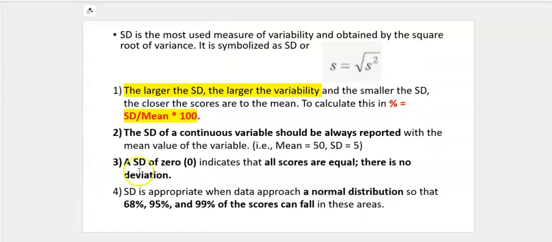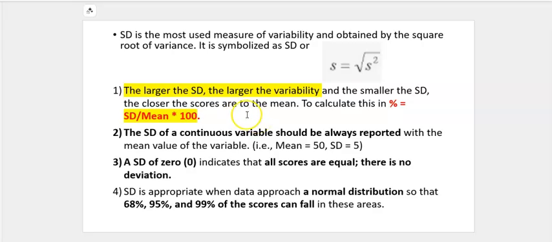So a larger standard deviation means a larger variability. As I told you, standard deviation is generally greater than mean deviation. Why? Because you square, take the square root, and divide by n minus one. So we obtain how much they deviate from the mean score in that way. Standard deviation divided by the mean, multiplied by 100, will give the percentage.